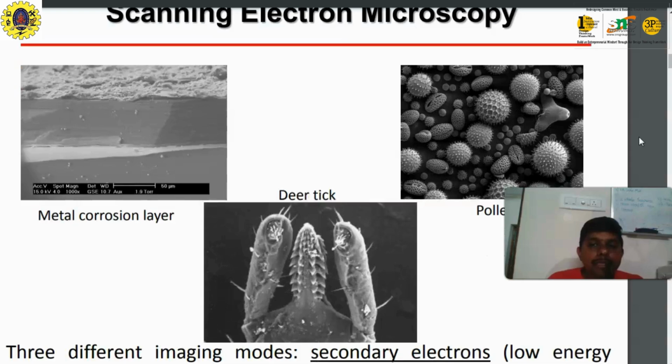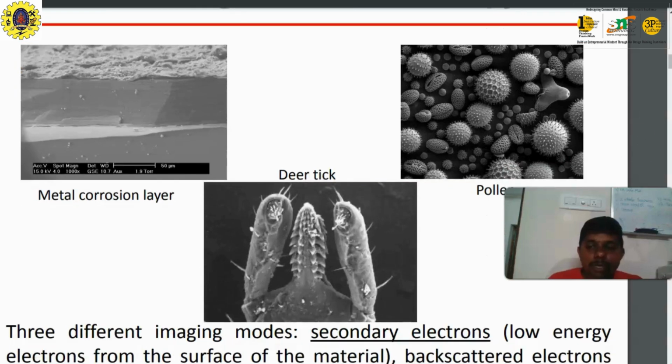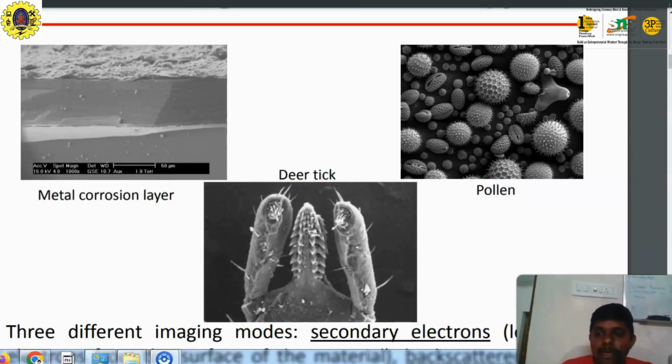Here the images you see are three different kinds of images which can be taken using scanning electron microscopy. Here a metal matrix has been taken for consideration. This sample has been made with the help of casting.